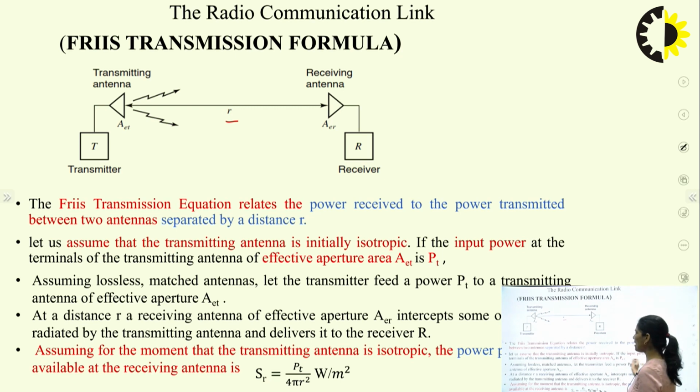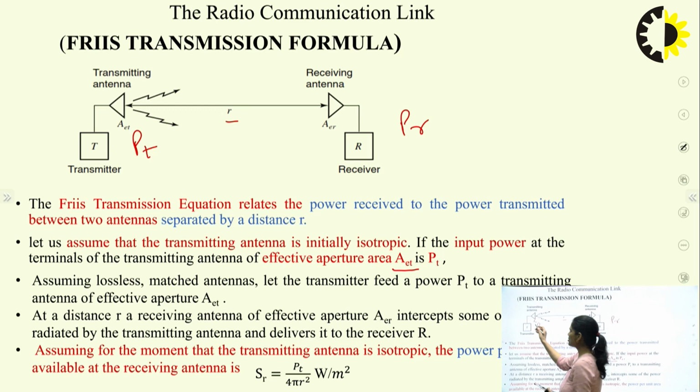If the effective aperture at the transmitter side is AET, the power at the transmitting side is PT, the power at the receiver side is PR, and the effective aperture at the receiver side is AER.